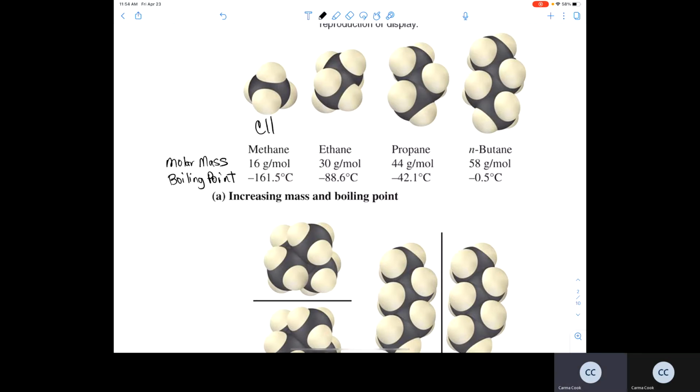Methane is CH4, ethane is C2H6, propane is C3H8, and butane is C4H10. So you can see as the molar mass increases, so does the boiling point.